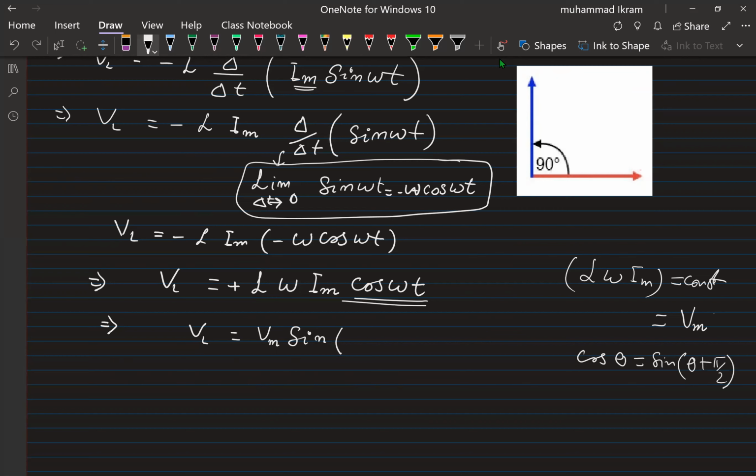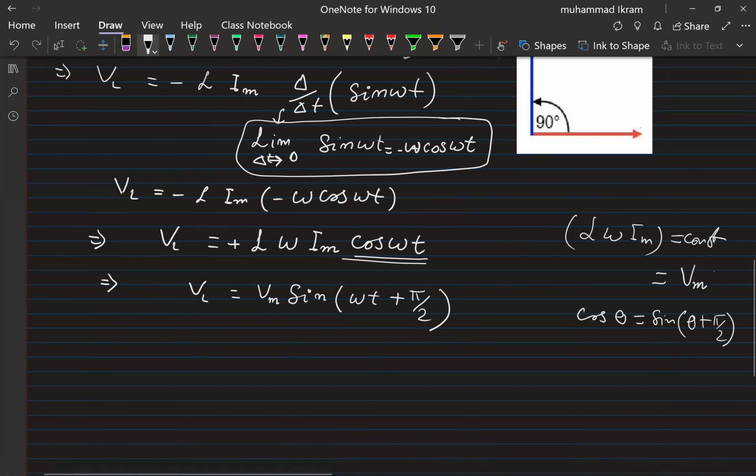It is a mathematical identity. So instead of this, I will write it like the Vm into sine omega t plus pi by 2. Plus pi by 2. So this is one equation here.